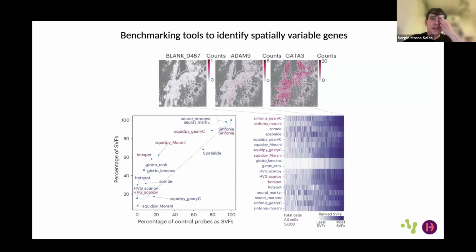And we identified that different methods present different ways of assessing statistical significance, meaning that different methods detected a larger or lower number of spatially variable genes based on how the statistics were performed or which test was used. So overall, all methods look pretty much similar, but there is a big difference in the way that the final spatially variable genes are identified.